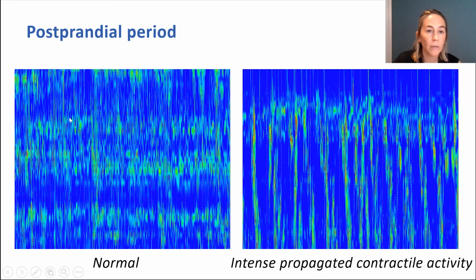Normally, the postprandial period has predominantly non-propagated contractions. And in this abnormal case, contractions group into contractile events, which propagate very rapidly down the small bowel, and one would expect this to accelerate transit during the postprandial period.